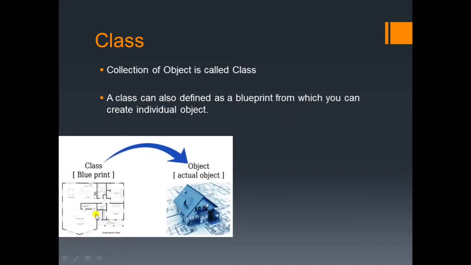Here is the blueprint of a house, and from the blueprint we can create an actual object. This blueprint is known as class. So from the blueprint of this house we can create an actual object.